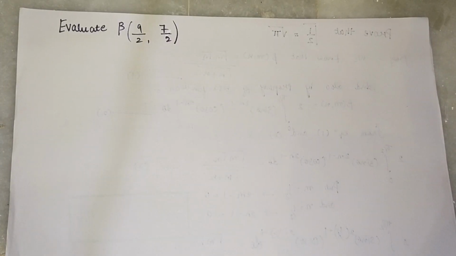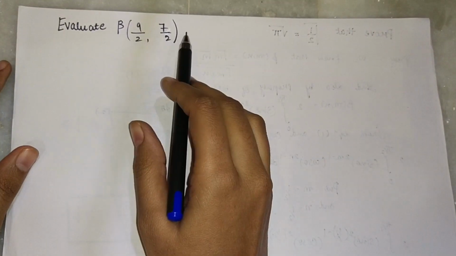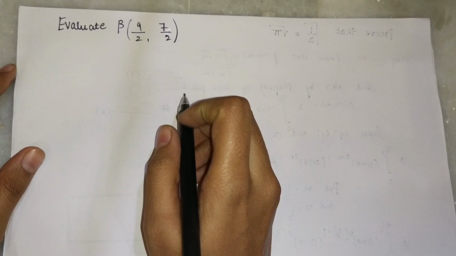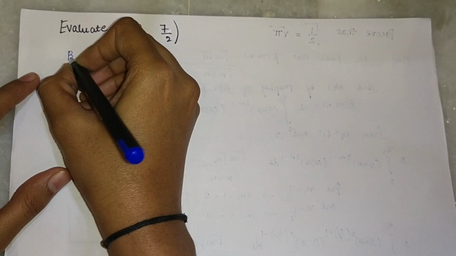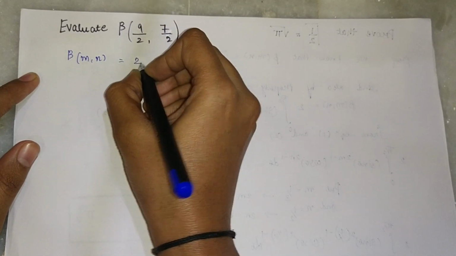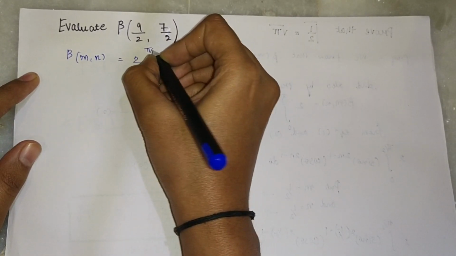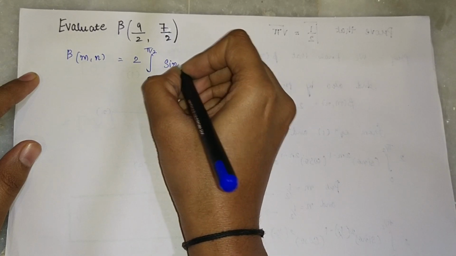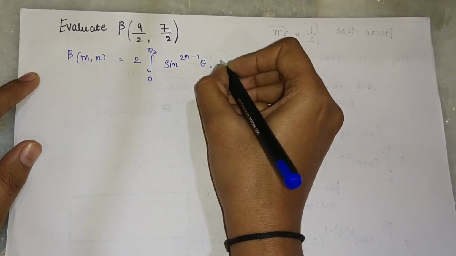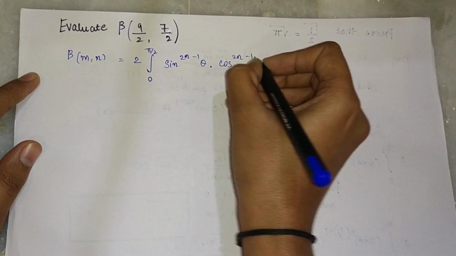So now we will solve an example. Evaluate beta in the bracket 9 by 2 and 7 by 2. Okay, so whenever you are given this type of example to solve, first of all you have to write the property of beta m comma n, that is beta m comma n is equivalent to 2 integral 0 to pi by 2 sine raised to 2m minus 1 theta and cos raised to 2n minus 1 theta d theta.